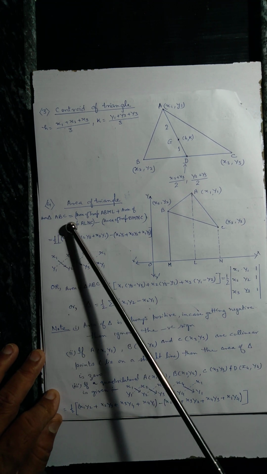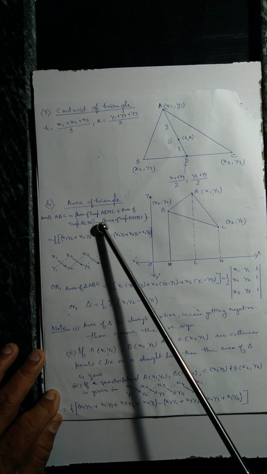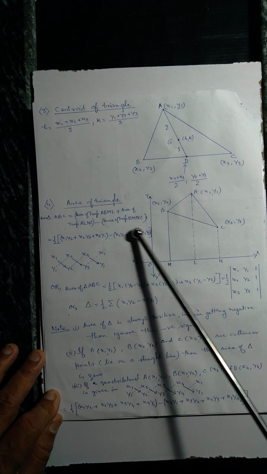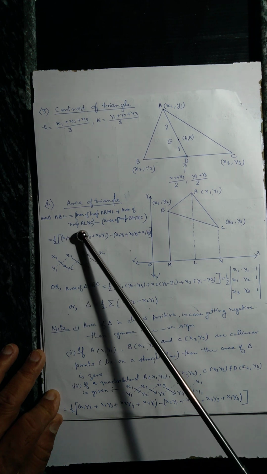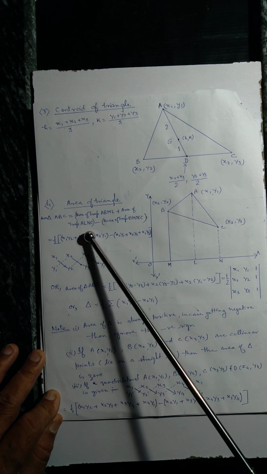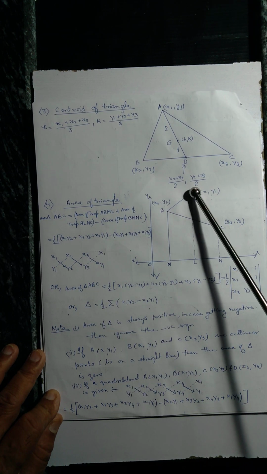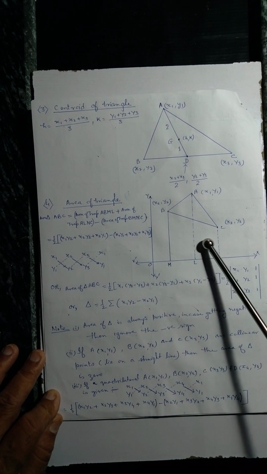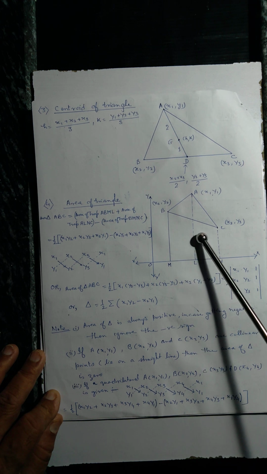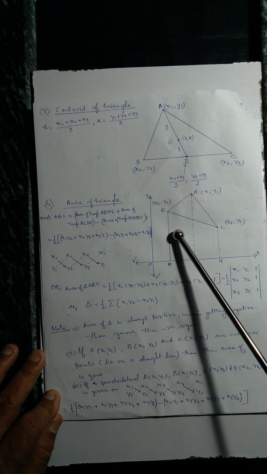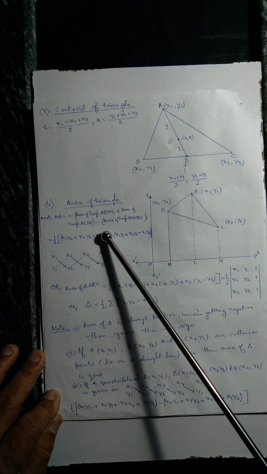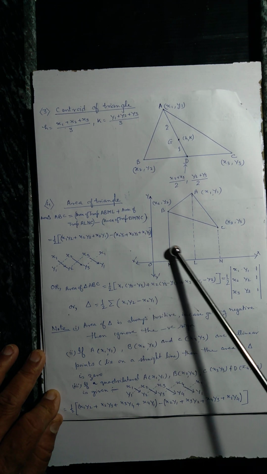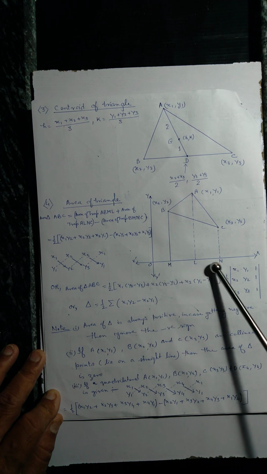So the area of the triangle will be equal to the area of the trapezium ABML plus the area of the trapezium ALNC. ALNC means we have to sum up the area of the two trapeziums and subtract the area of trapezium BMNC.